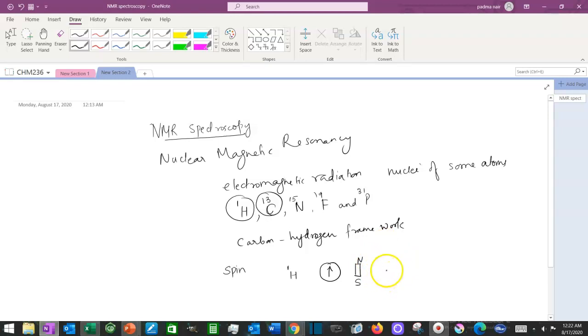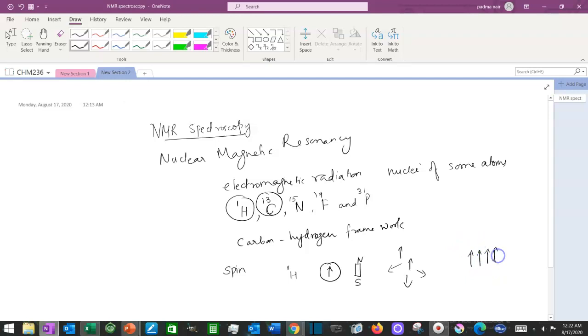Let's consider a sample of a molecule which contains a few protons, and they are all aligned randomly in all directions. That is when there is no external magnetic field. But say I take this sample and place it in the vicinity of an external magnetic field.